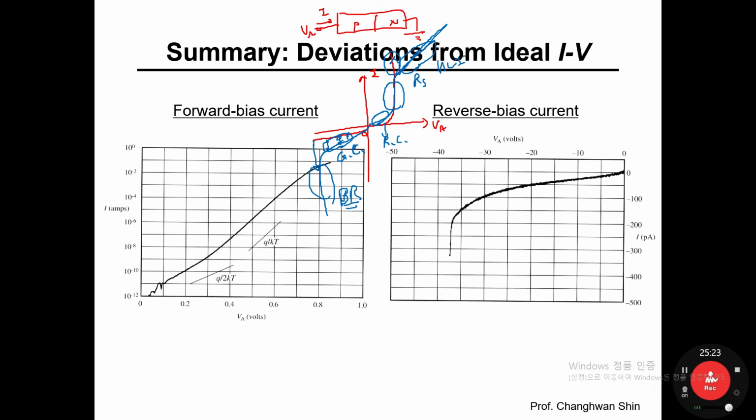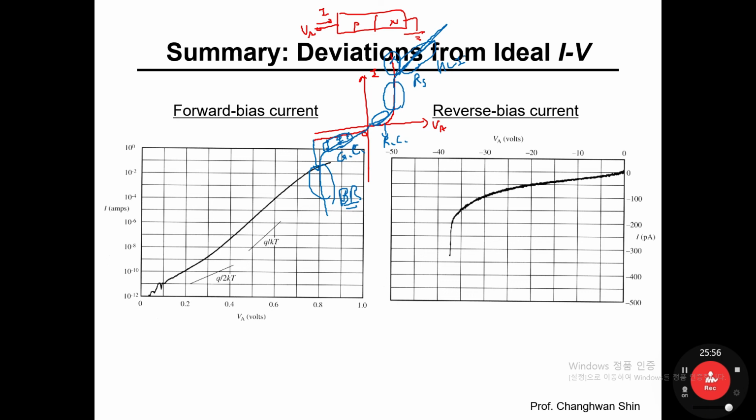So an additional majority carrier concentration gradient would be induced, which would result in an oppositely directed current. So that would cancel out the forward bias current. So HLI, high level injection, and series resistance RS, those two things would be combined together to block the exponentially increasing current across the PN diode.